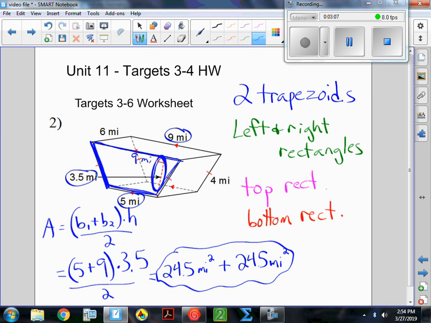Next, we're going to look at the left and right rectangles. So the left and right rectangles, I'm going to outline in green. That's 4 units by 6 units. It was hard for me to see that. It was way over there. So 4 miles by 6 miles.